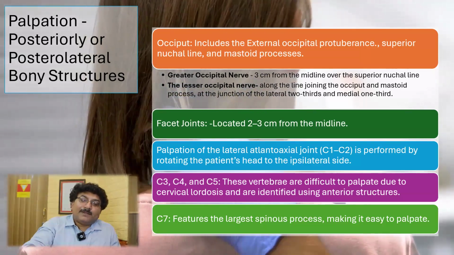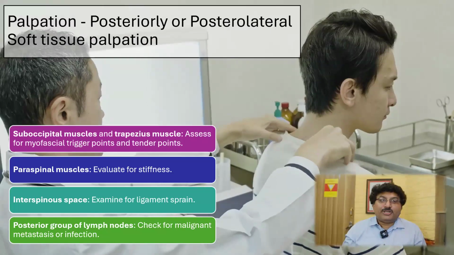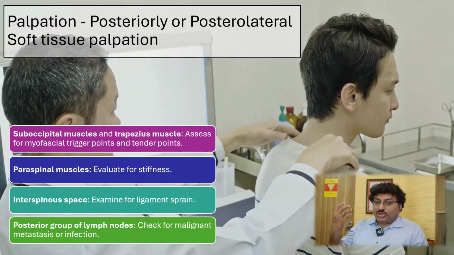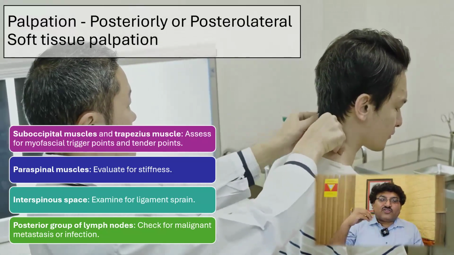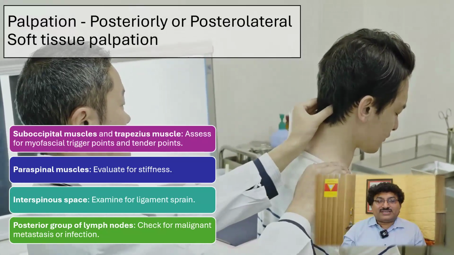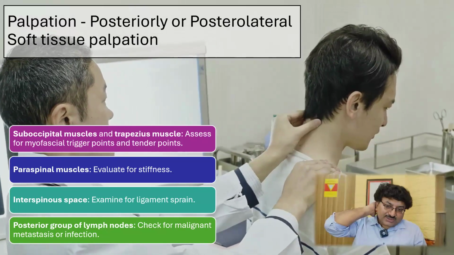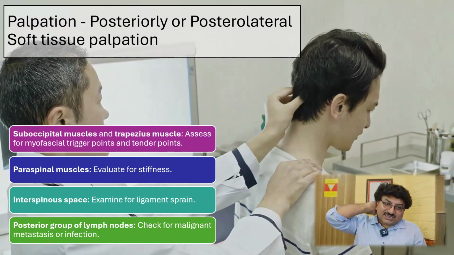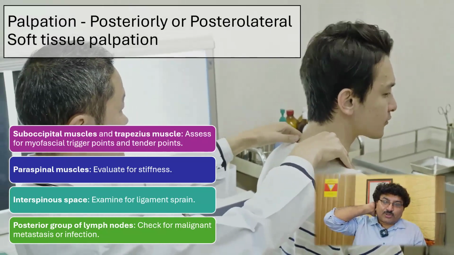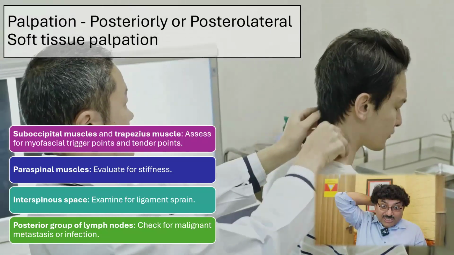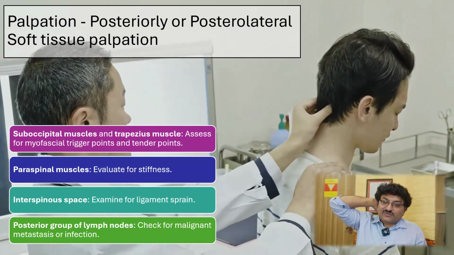Okay. Now coming to the palpation on the posterior side, mainly the soft tissue palpation. In the soft tissue palpation of the posterior side, we have to check the suboccipital triangle, suboccipital muscles, and the trapezius muscle for assessment of any trigger point or tender point. Then we have to check the paraspinal muscles for stiffness, any trigger point, tender point.